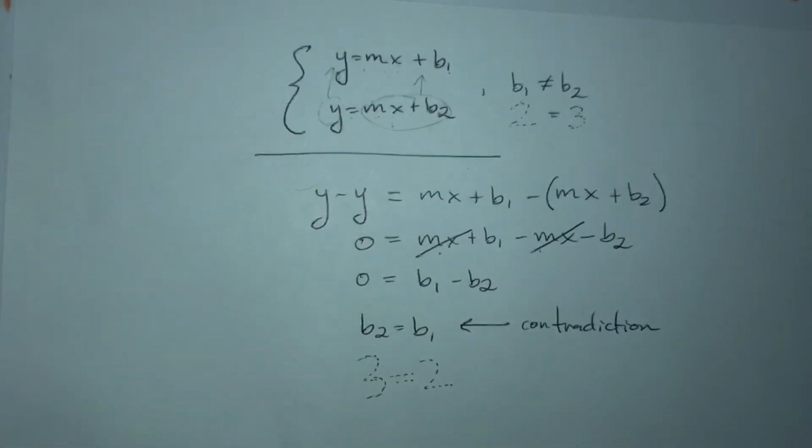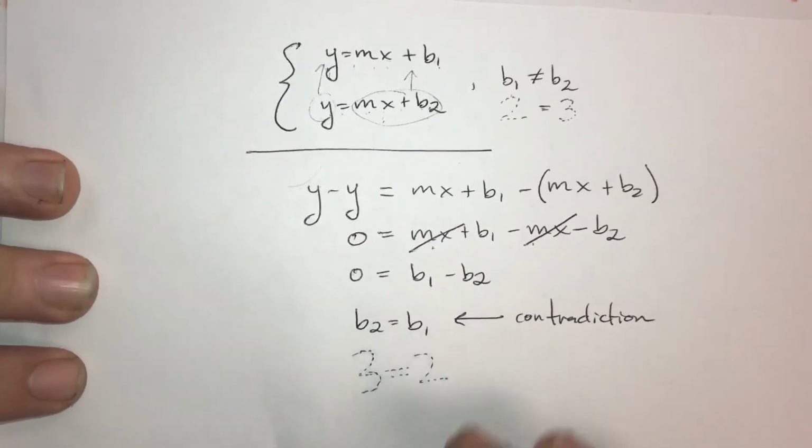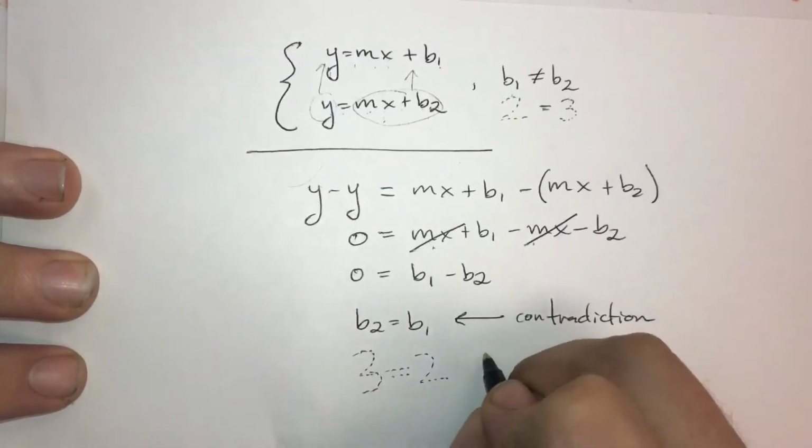So what do we do when we're solving a system of equations and we get a contradiction at the end? If you remember from Algebra 2, that means that there is no solution.